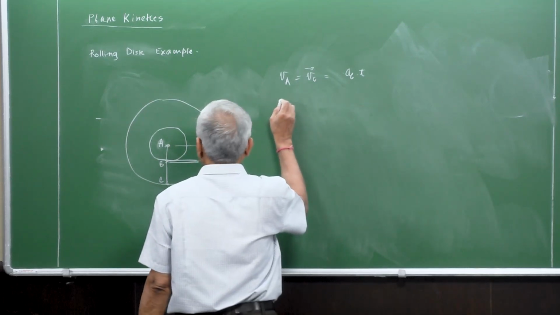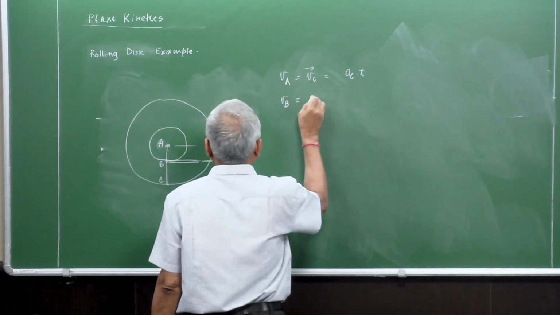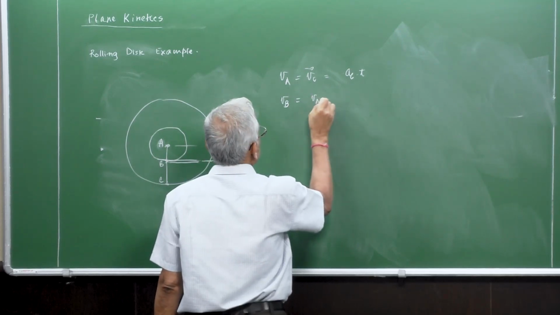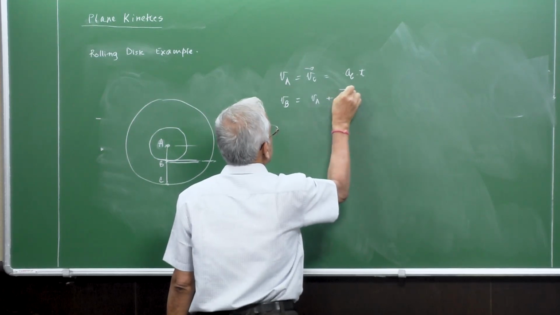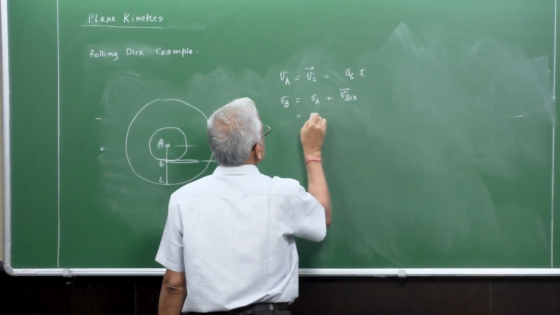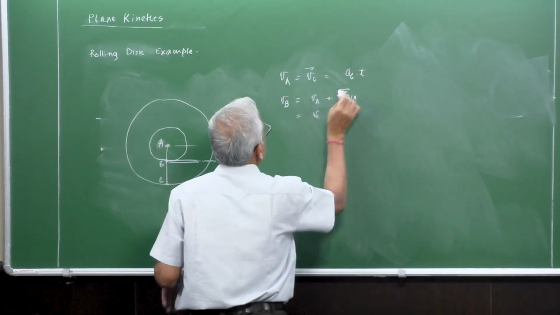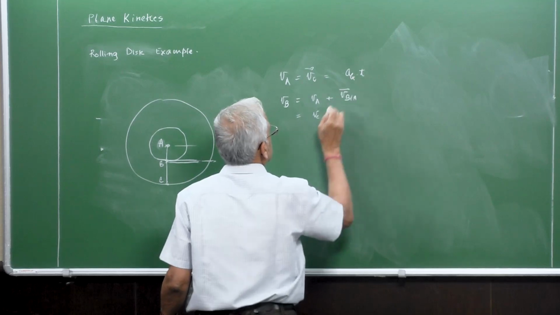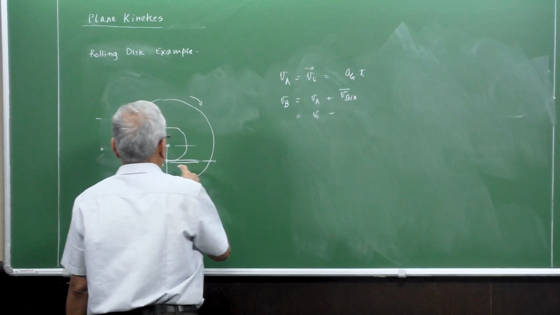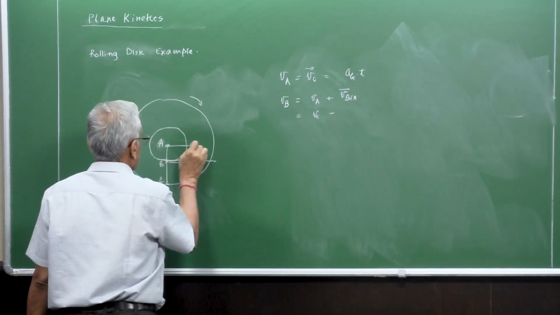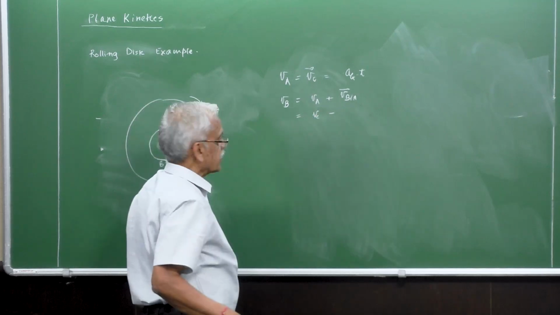So similarly here, if you want to get velocity of B, what do we have to get? Velocity of A plus B with respect to A. So velocity of A is nothing but your velocity of G, and the velocity of B is velocity of B with respect to A.